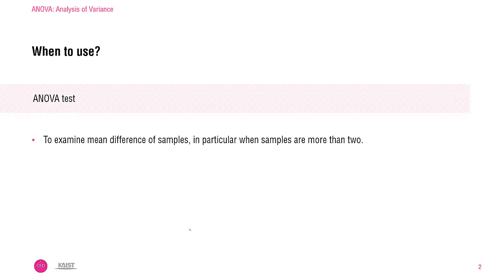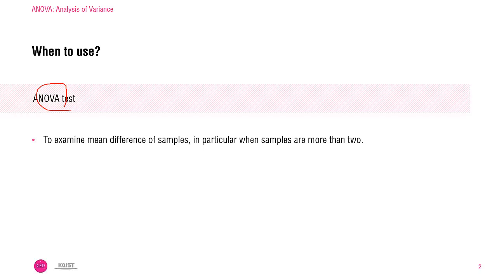But when the number of samples is more than 2, the t-test is no more applicable. When the number of samples is more than 2, we need the ANOVA test. In other words, we can conduct the ANOVA test also for comparing the mean difference of two samples.